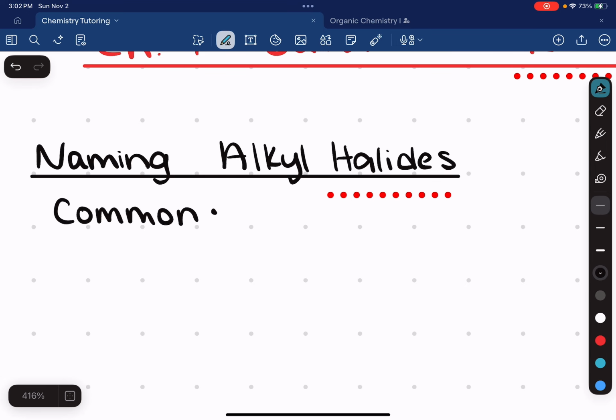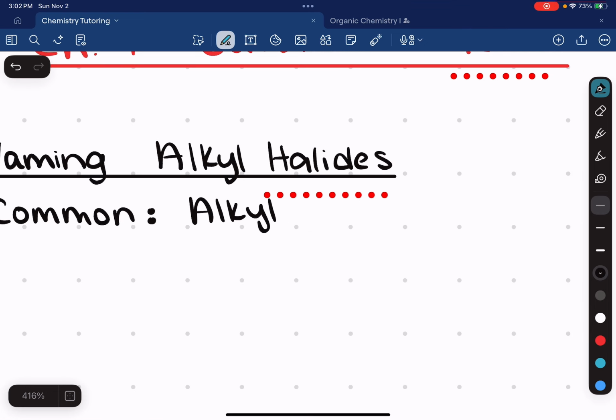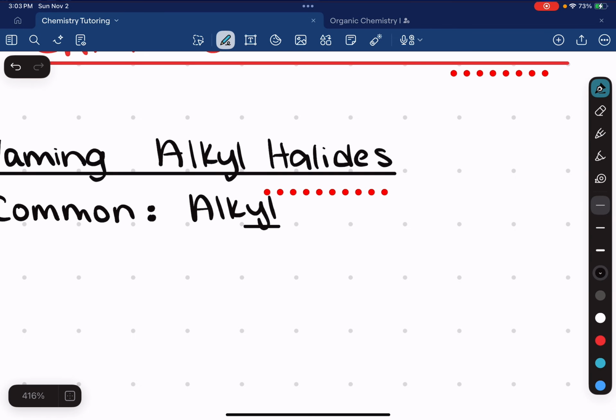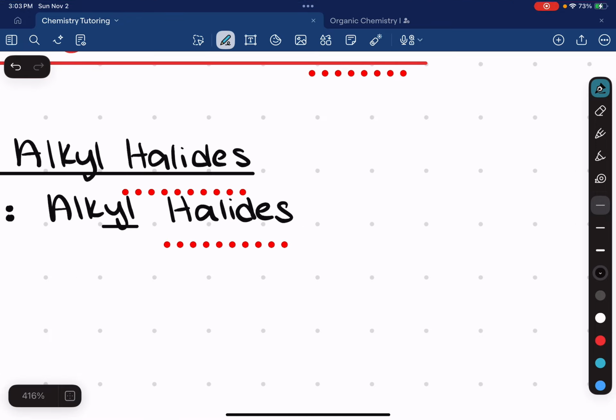And this is what made it easier for me to remember. So for the common name, it's the alkyl group. So whatever number of carbons it is, you turn it into an "-yl" because it's the alkyl group. And then the halides. So if you have, let's say, something like this.